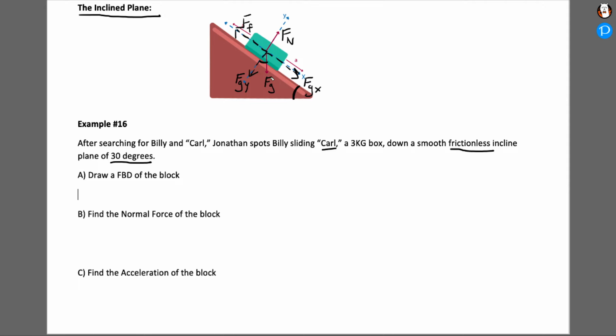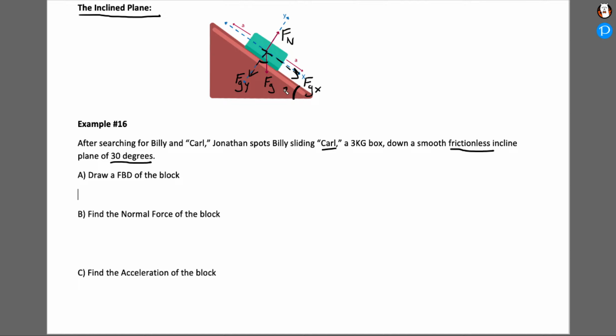So if we come up here, we'll just use this for our free body diagram, except this one is frictionless, so we're going to get rid of friction in this case. And so this would be our free body diagram, or our force diagram, for the forces that are acting on this box.